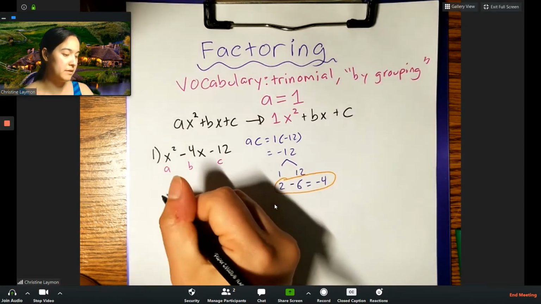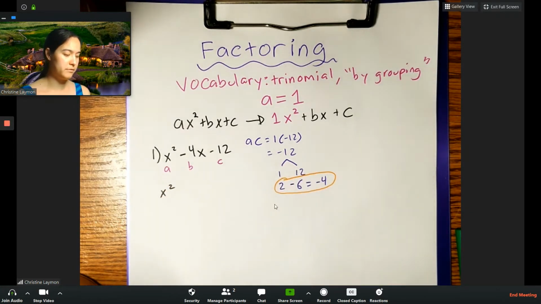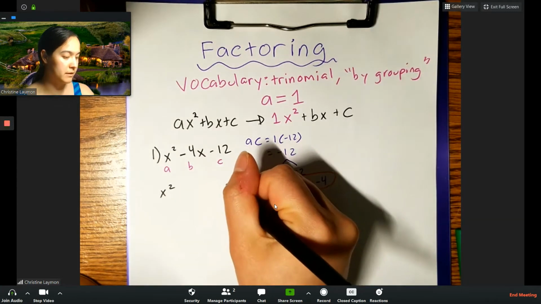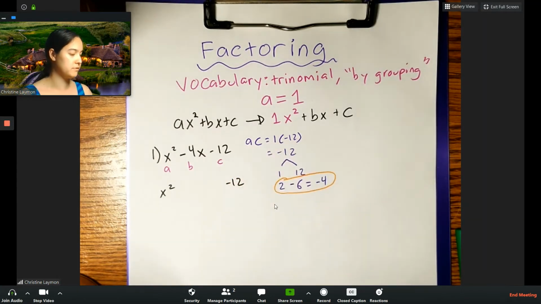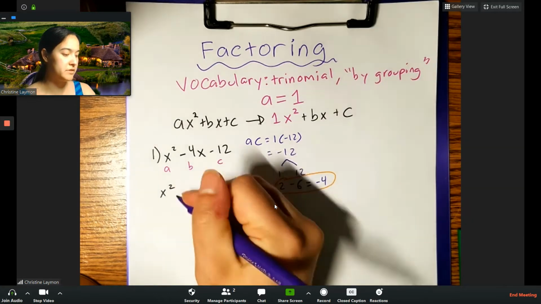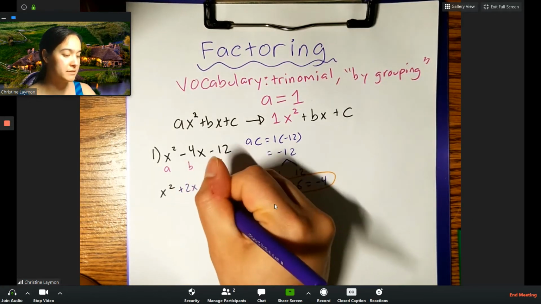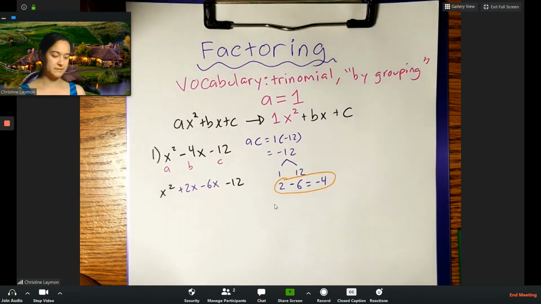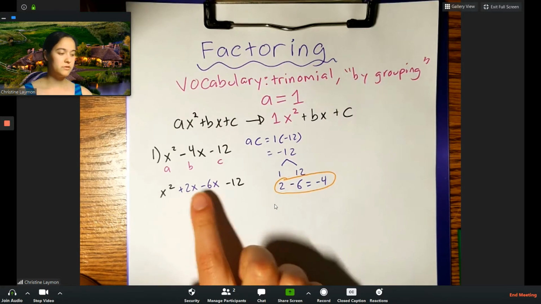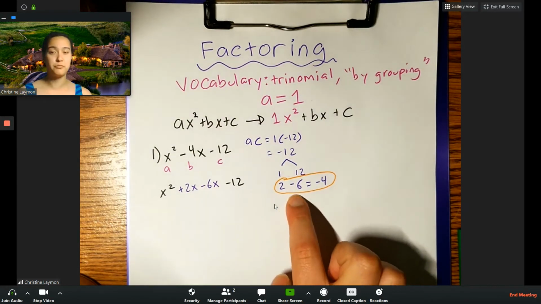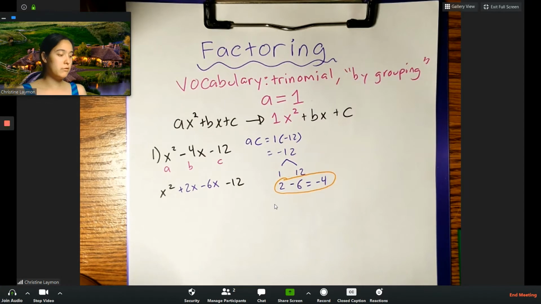So I'm going to have x squared, and then at the end here, let me drop down that minus 12. Inside here, I have plus 2x minus 6x. As before, these coefficients are the numbers we found right here. And now we're going to go ahead and factor by grouping. First two terms, last two terms.